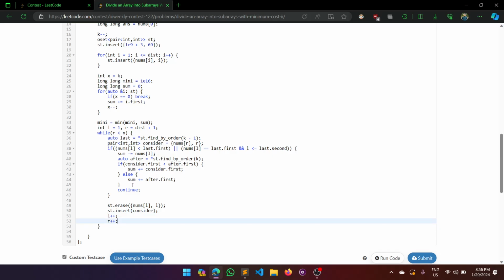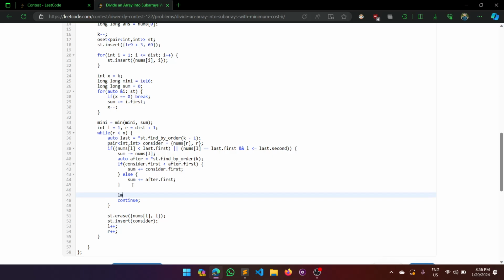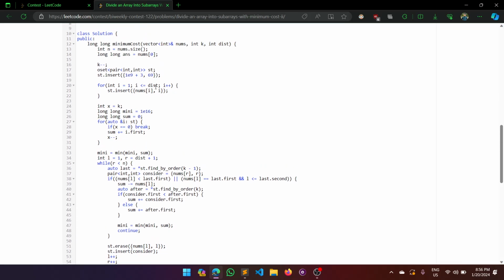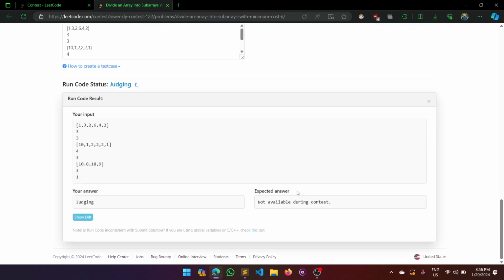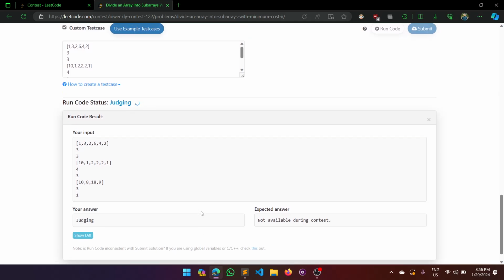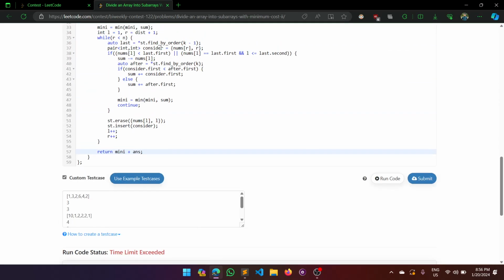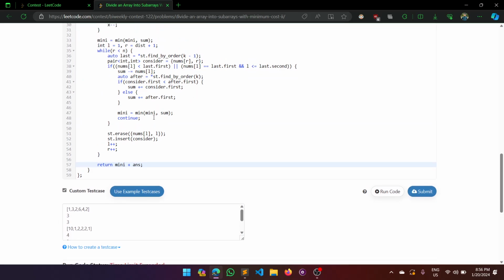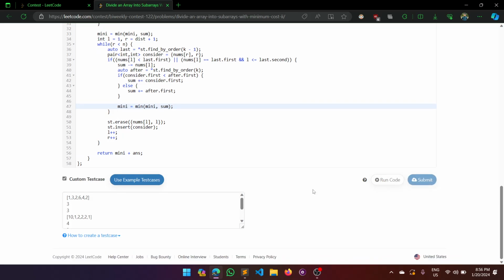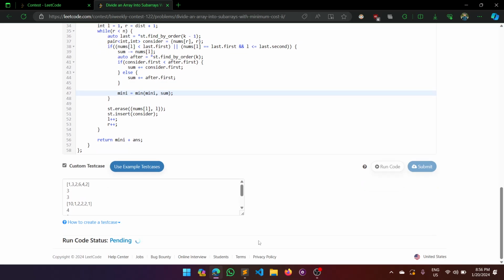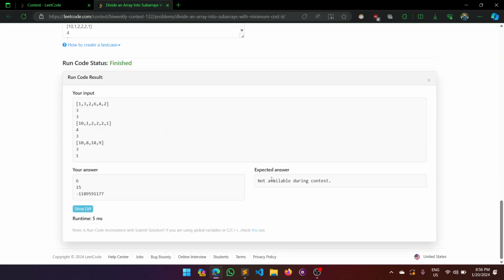Don't forget that we would have to take which was the first element of nums? Why does it say time limit exceeded? Oh yeah, I don't want to continue the commit. Damn it.